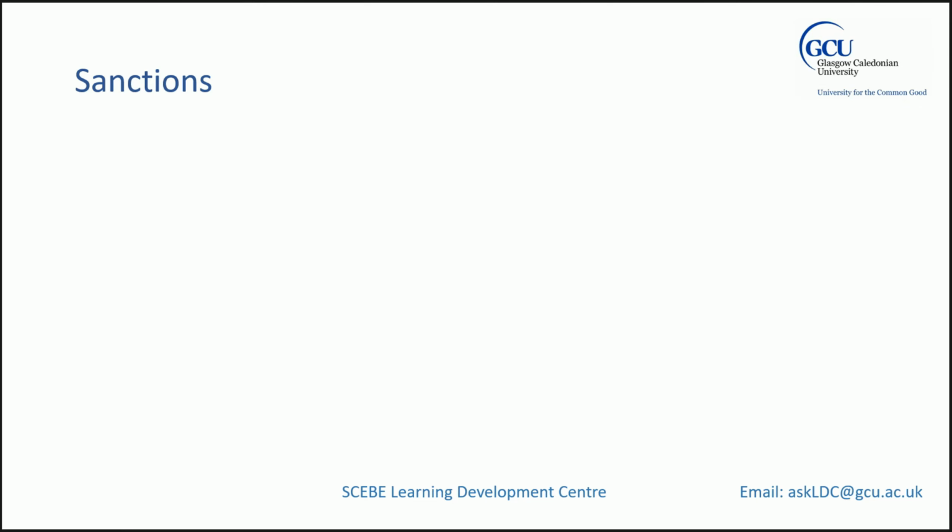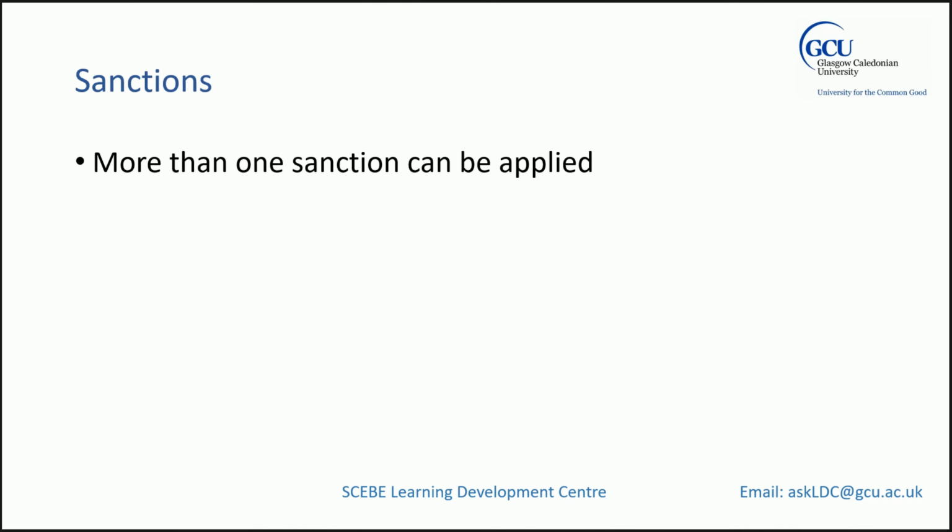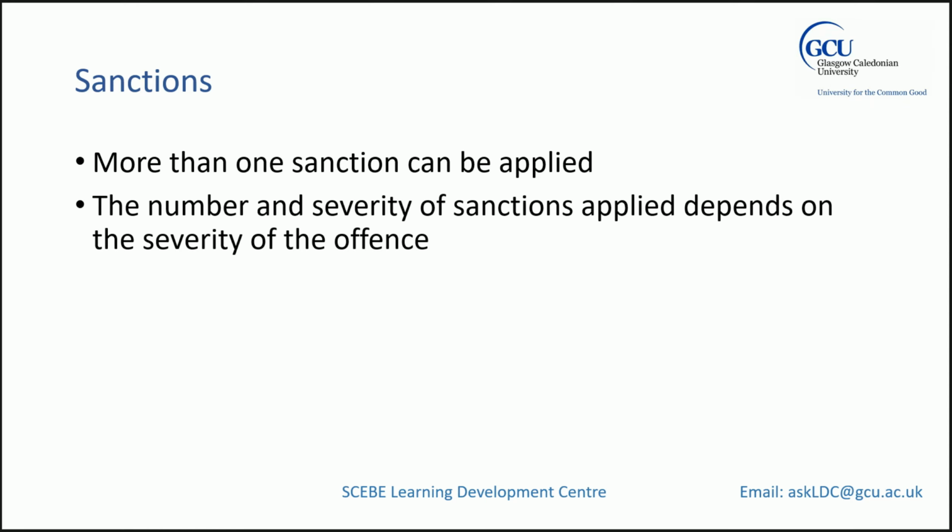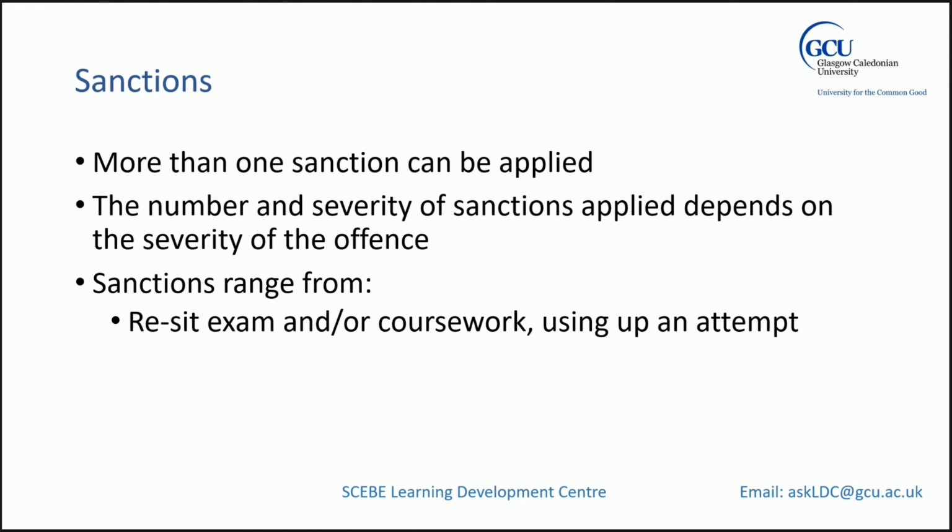So sanctions. More than one sanction can be applied, and the number and severity of sanctions applied depends on the severity of the offence. And sanctions can range from taking a reset exam and or a coursework, using up a valuable attempt, all the way to expulsion, being kicked out of the university.